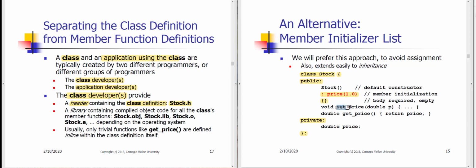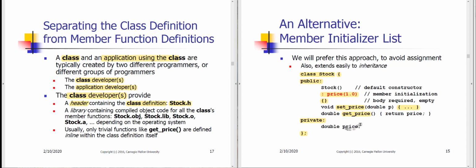Then we have our setPrice member function with its body of code that checks to make sure that the price is valid, and then either displays an error message or sets the price component of the stock to the value of P. And finally, our getPrice function that simply returns the value of that price variable.